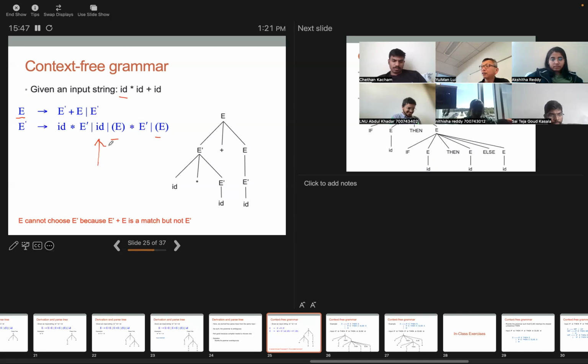So that route is not the correct route. Do you agree? But take a look. What happens if I choose ID times E prime? Can you match the input?